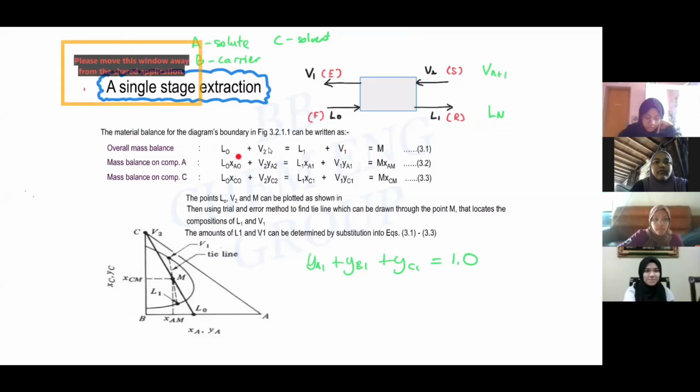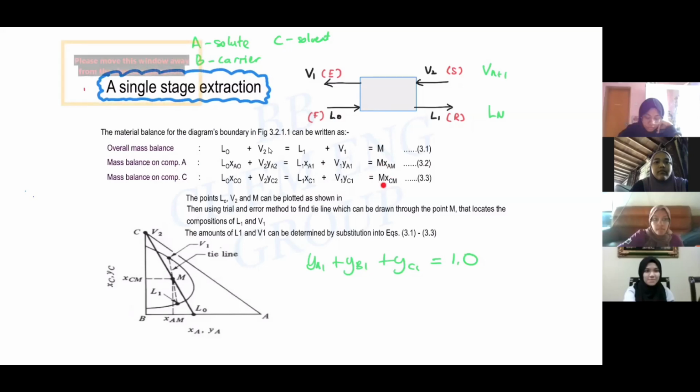If you have L0 plus V2 equal to M, you have the second equation. And then L1 plus V1 equal to M, you have the third equation. Same thing down here, L0 times XA0 equal to M times XAM. You have one equation, two equations, three equations.